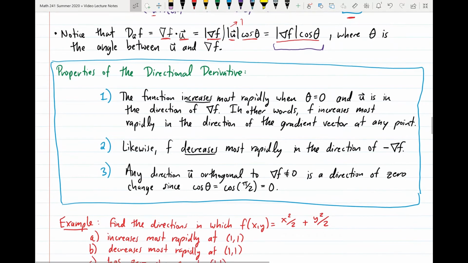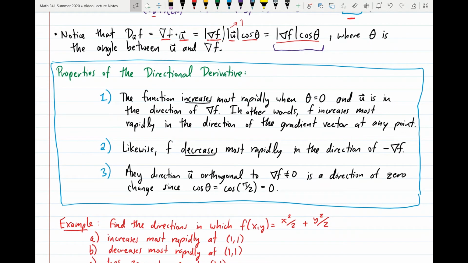And thirdly, any direction u that is orthogonal to the gradient vector is a direction of 0 change, since cosine of theta is going to be equal to cosine of pi over 2, which is just equal to 0. So remember that u being orthogonal to the gradient vector of f means that the angle between them is going to be pi over 2, or 90 degrees.